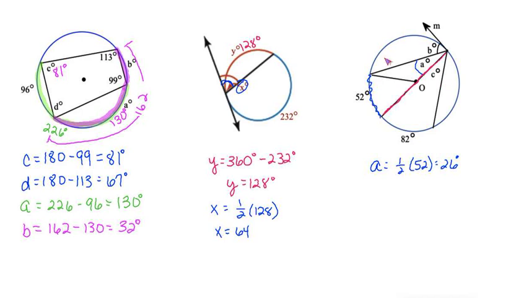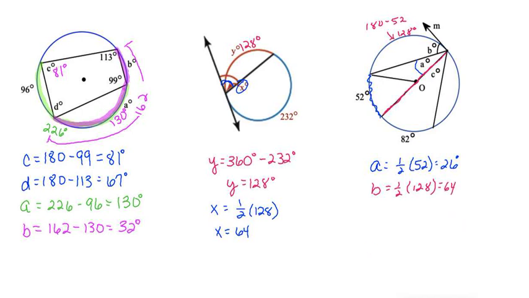So what that means is that this arc right here is going to be 180 minus this 52 down here. So 180 minus 52 is going to give me 128. So this arc is 128. So B is going to be half the measure of its intercepted arc. So half of 128 is 64.